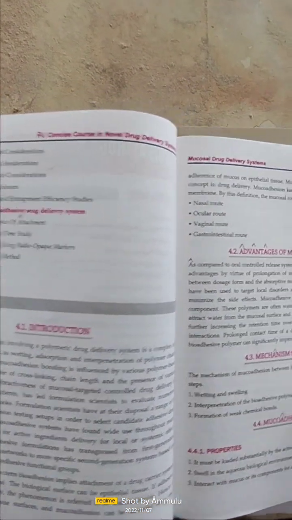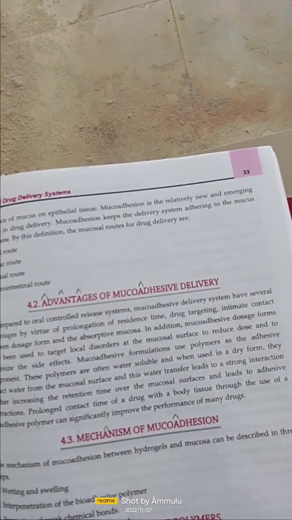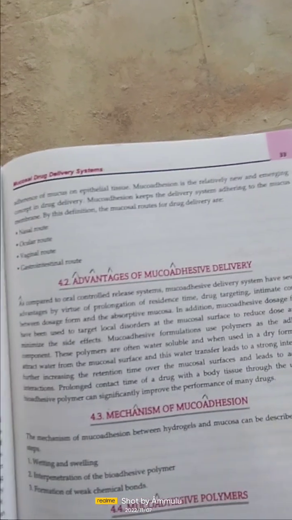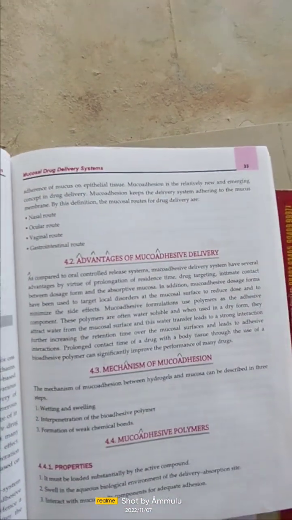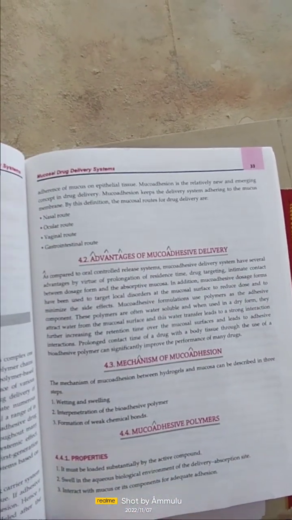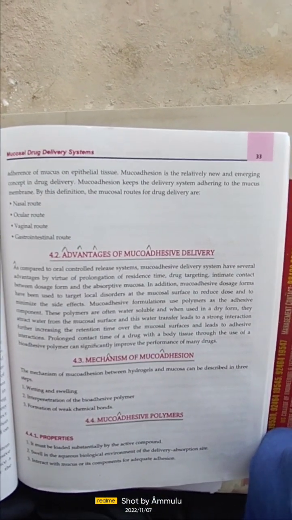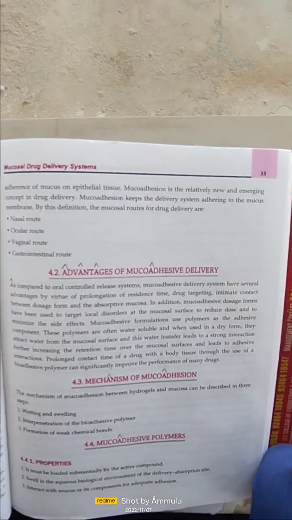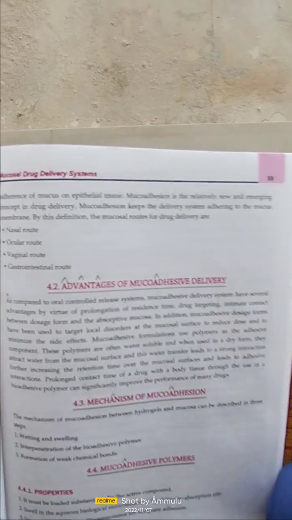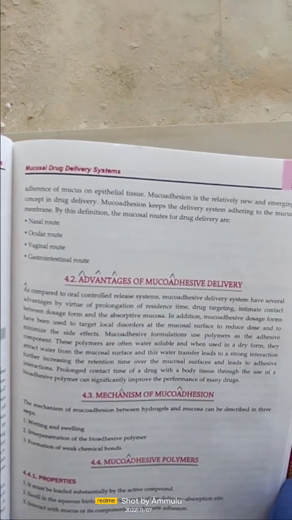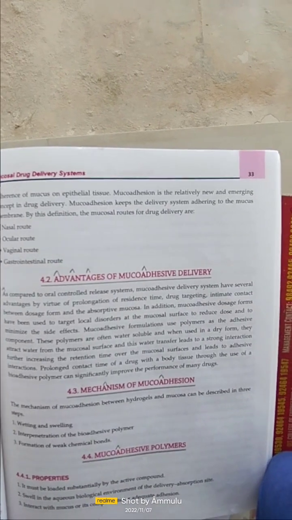Mucoadhesion is a relatively new and emerging concept in drug delivery systems. This means mucoadhesion keeps the delivery system adhering to the mucous membrane. By this definition, the mucosal routes of drug delivery systems are the nasal route, oral route, vaginal route, and gastrointestinal route.